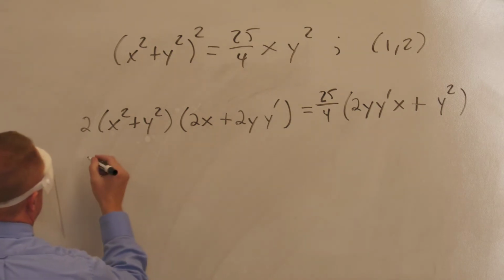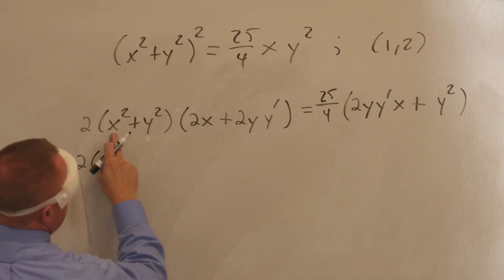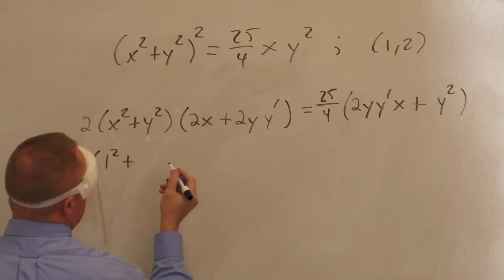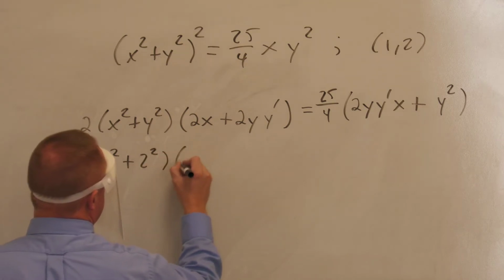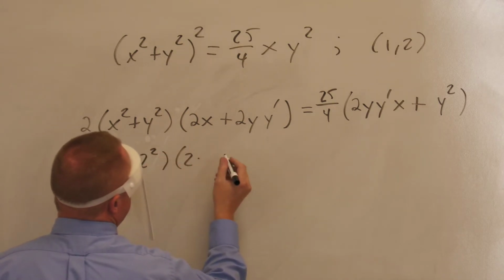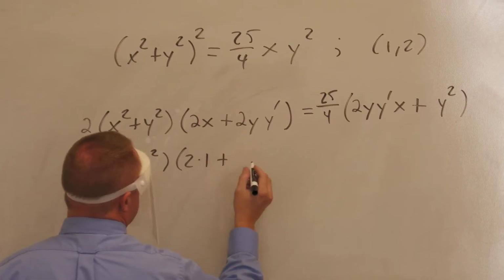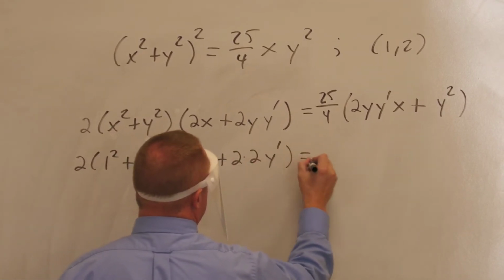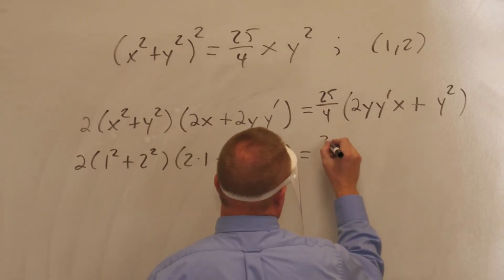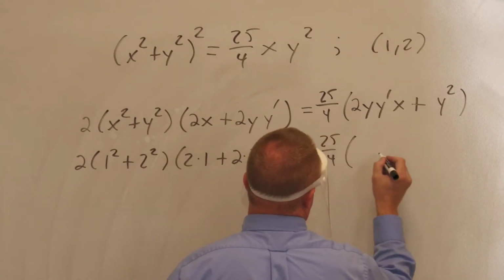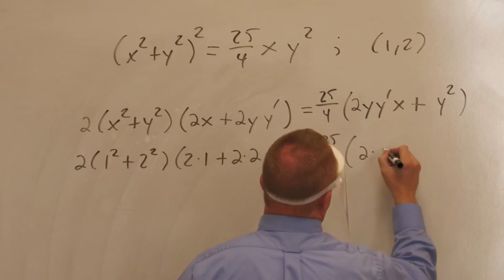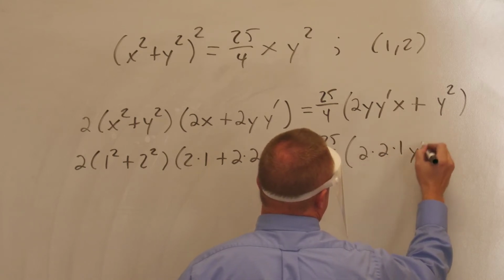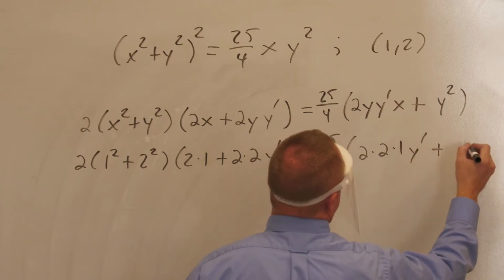I'm going to have 2 times, x is 1, so 1 squared plus y squared, which is 2 squared, times 2 times 1 plus 2 times 2 y prime. On the right side, I've got 25 over 4 times 2 times 2 times x, y prime, plus 2 squared.